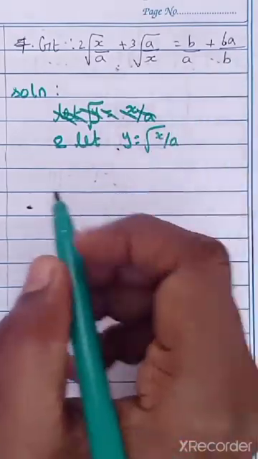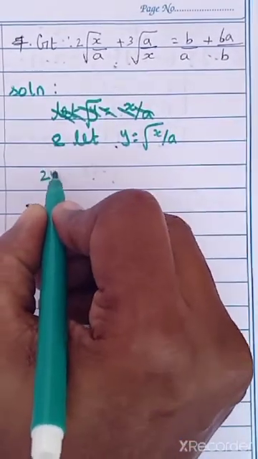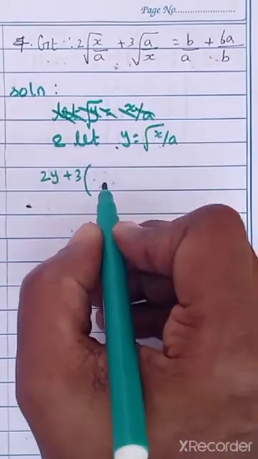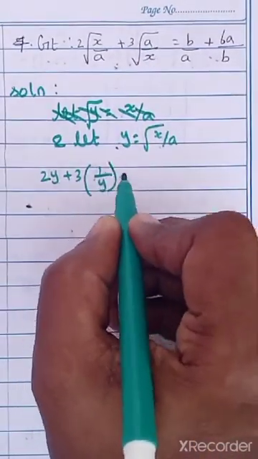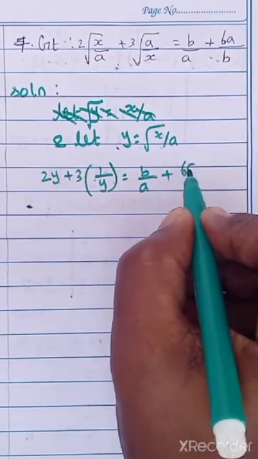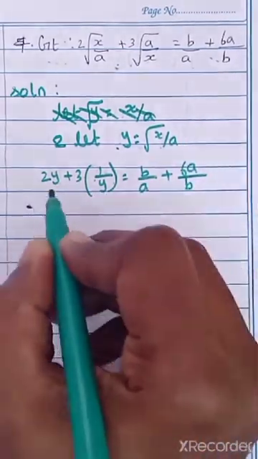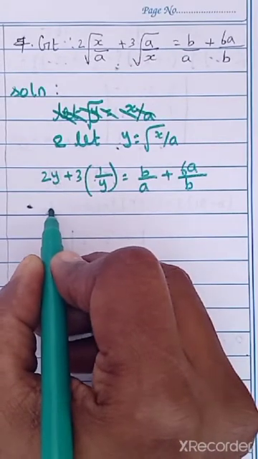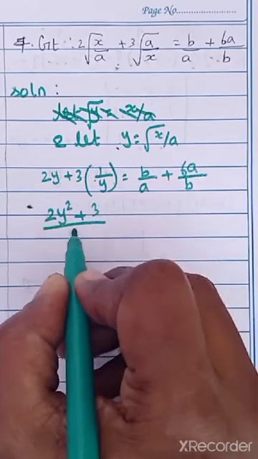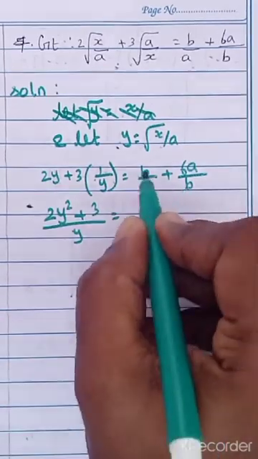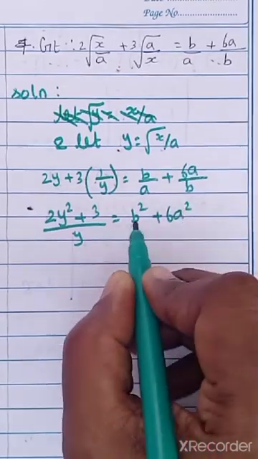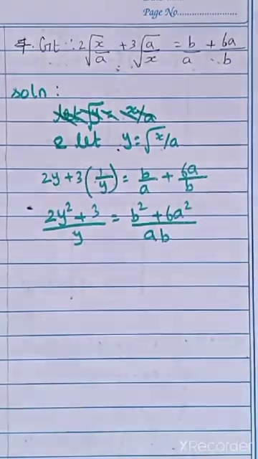Since there is a root, we take root of x by a. So this equation will become 2y plus 3 into, here since a by x is there, we can take it in the reverse order, 1 by y, equal to left hand side as it is, b by a plus 6a by b. And again if you take LCM, this will become 2y square plus 3 by y equal to, again if you take this LCM, b square plus 6a square by ab. Correct?